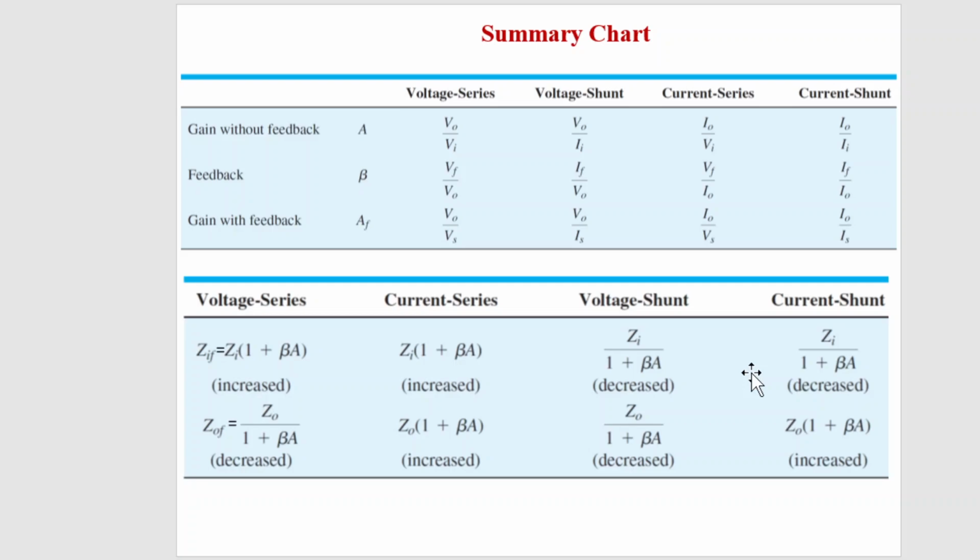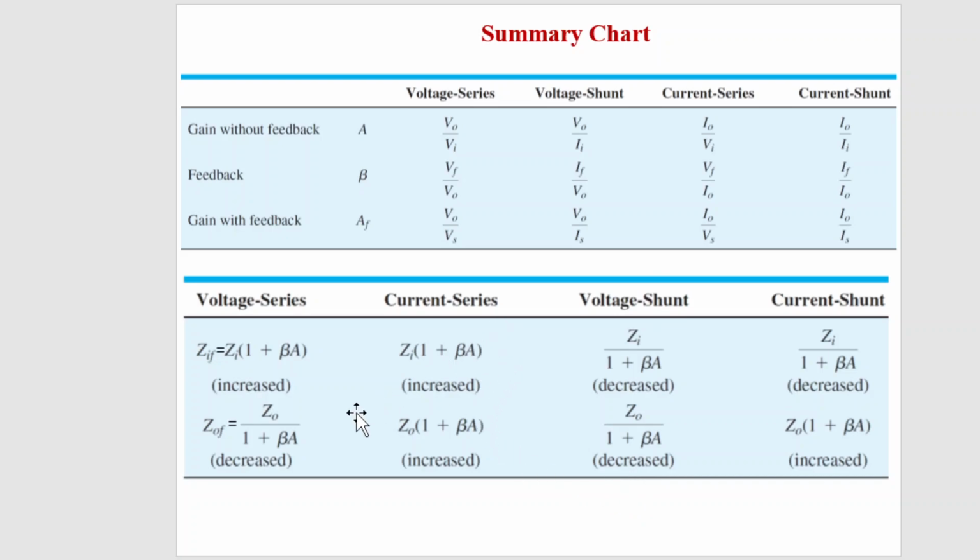Similarly, if you do the calculations which I have given as assignment for output impedance for voltage series, you will see that the output impedance is decreased, that is Z naught divided by 1 plus beta A. It is decreased in voltage series and also decreased in voltage shunt.